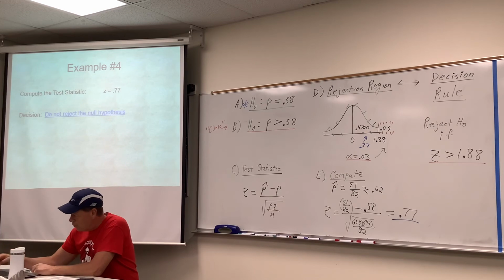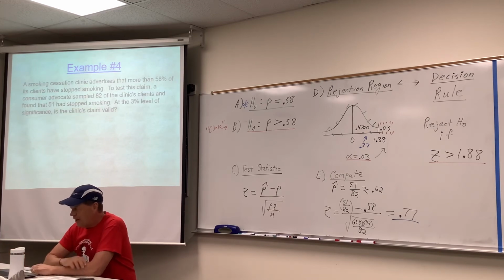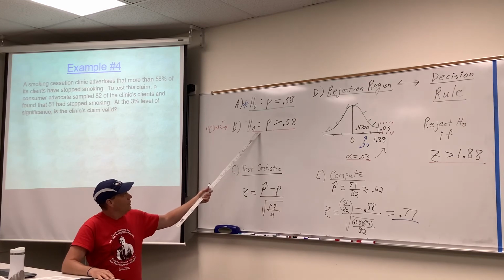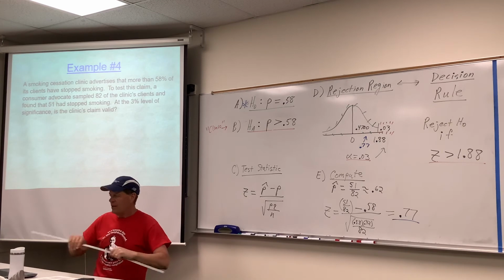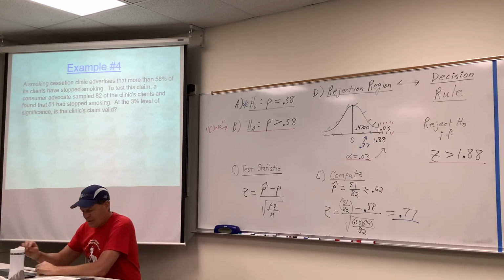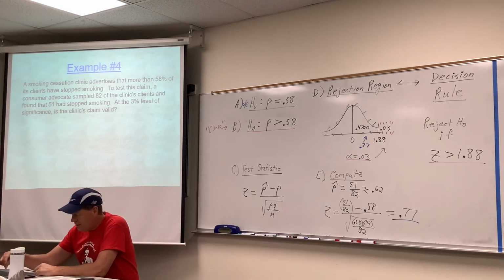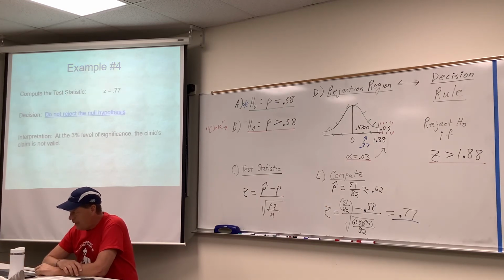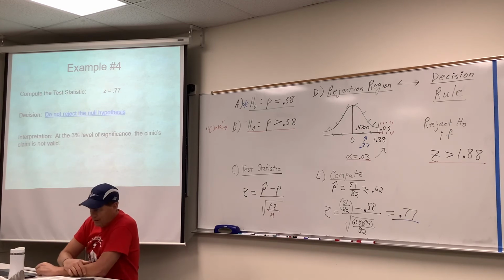How is the question worded? It says, is the clinic's claim valid? Well, the clinic said this. Did that claim win? No, it did not. So, at the 3% level of significance, we should say that the clinic's claim is not valid.